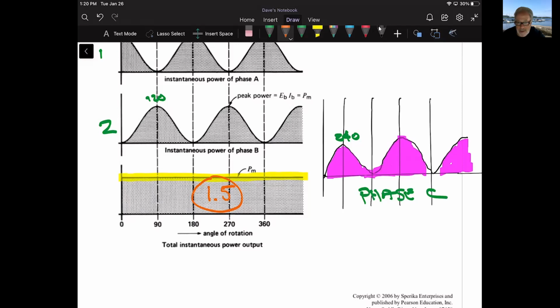First off, you don't have the pulsing, you have a constant power, which is good. And then he says the total output of the three-phase generator has a magnitude of 1.5 the peak. Okay, so we went from half of the peak power to the peak power to 1.5 of the peak power across there.